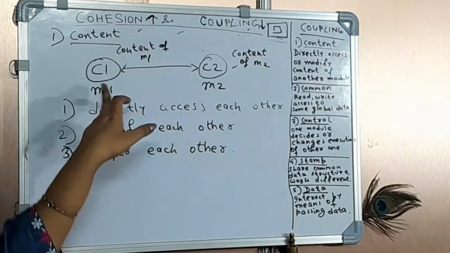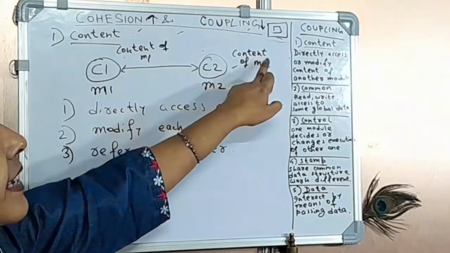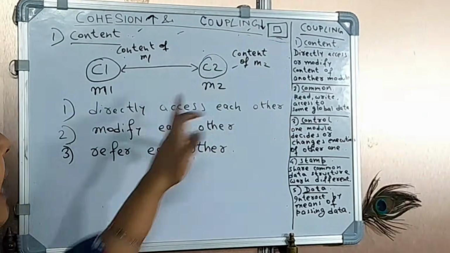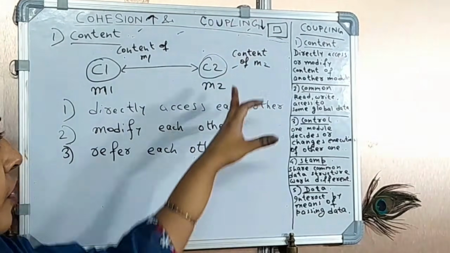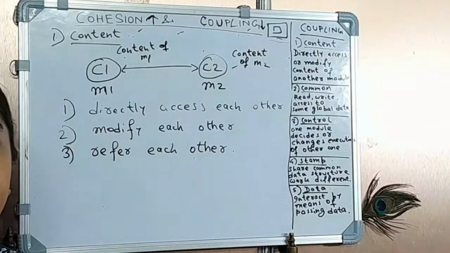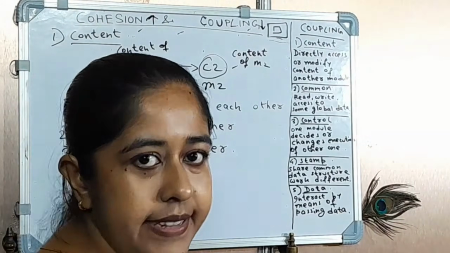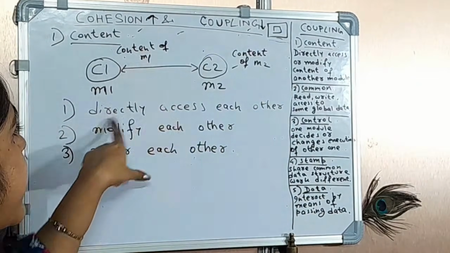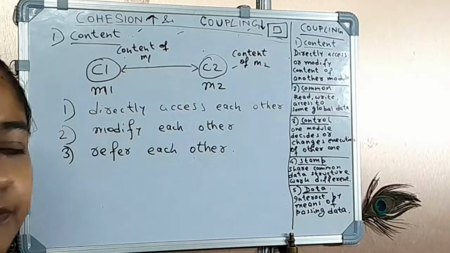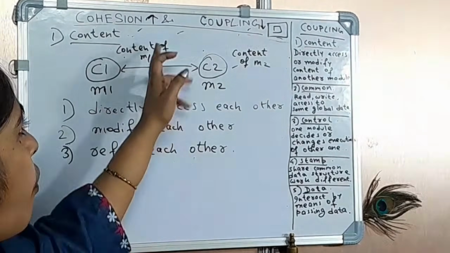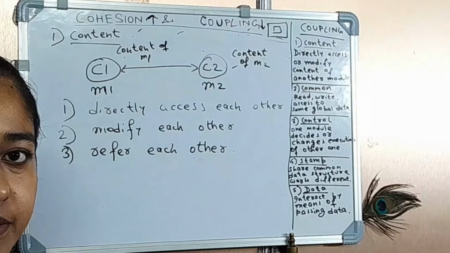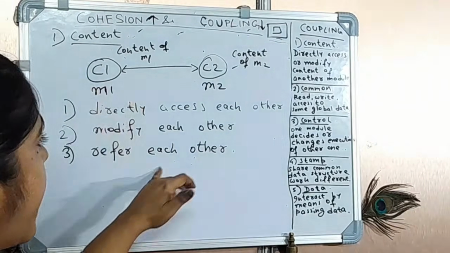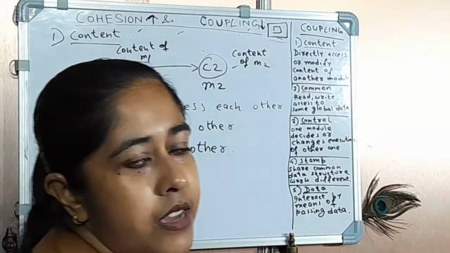M1 can access the content of M2, modify the content of M2, and refer to the content of M2 in case of reference. And M2 can directly access the content of M1, that is our C1, modify it, and refer to the content of M1.